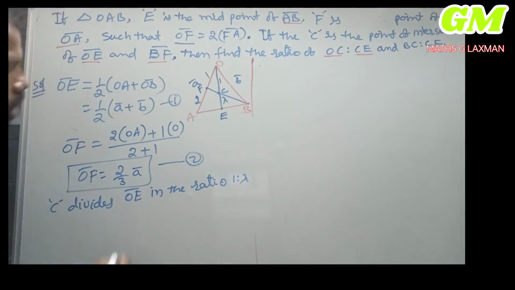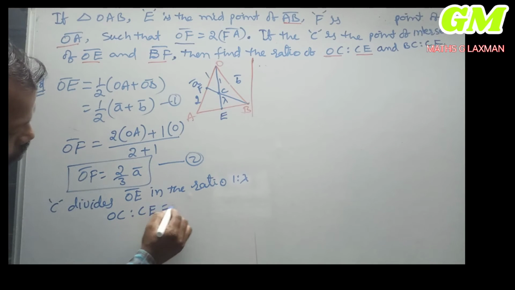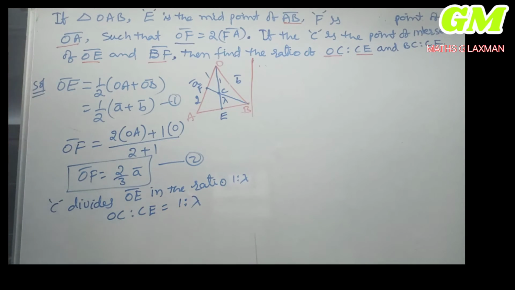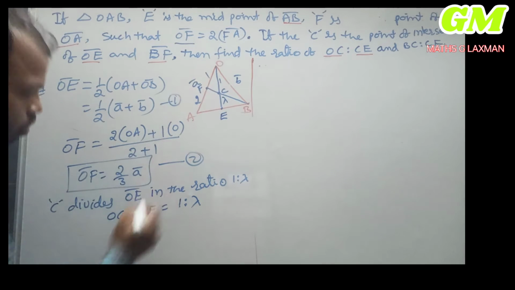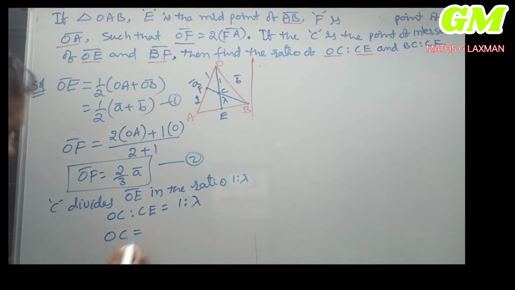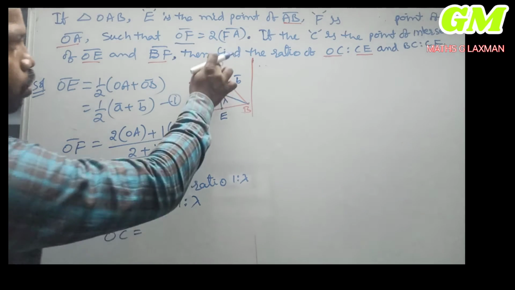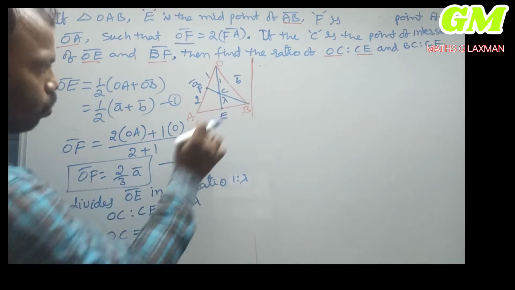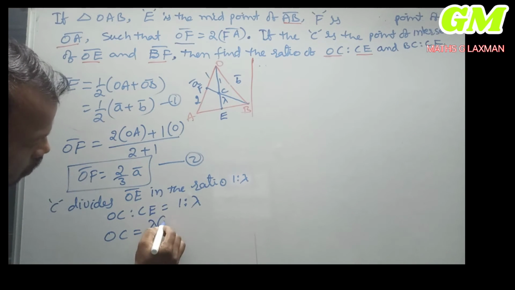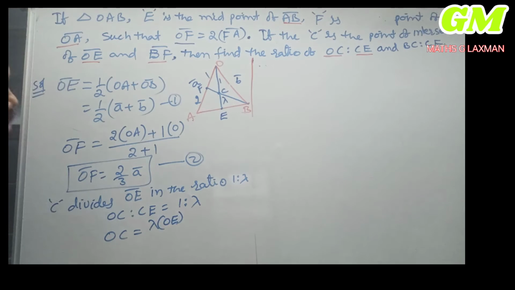That means OC is to CE equals 1:lambda. So OC is equal to lambda into OE, by the section formula.